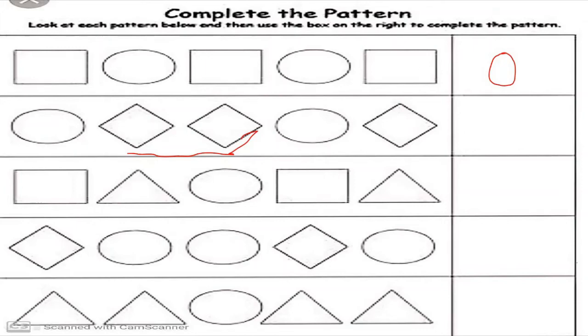Should I draw the circle or should I draw the same shape as this shape? I should draw the same. Okay. As you have seen, there are two diamond shapes present. So before you start completing the pattern, you have to observe the given pattern first. Now look, rectangle, triangle, circle. Rectangle, triangle and what will come? Yes, circle. Very good.